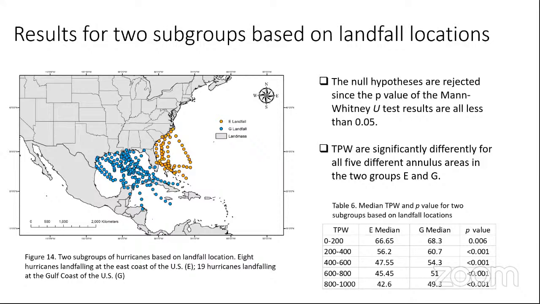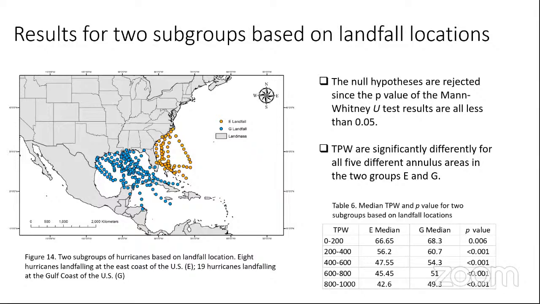Next, we divide the whole sample based on their landfall location. In figure 14, we divide them into 2 regions. One region is the east coast of the United States, and the other is the Gulf Coast of the United States.